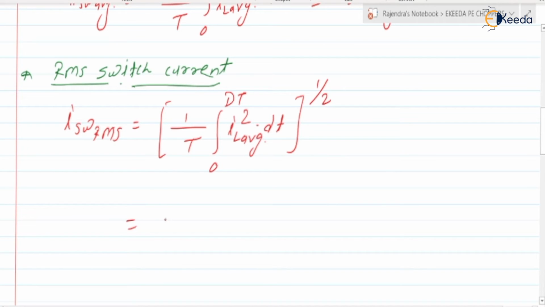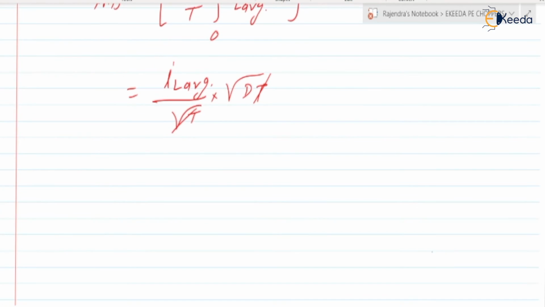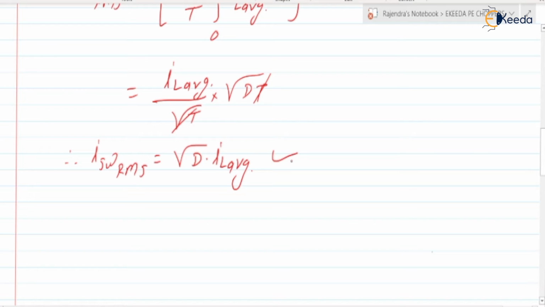So it is IL average divided by root T into under root dT. So T and T will get cancelled. Therefore ISW RMS is equal to under root D into IL average.